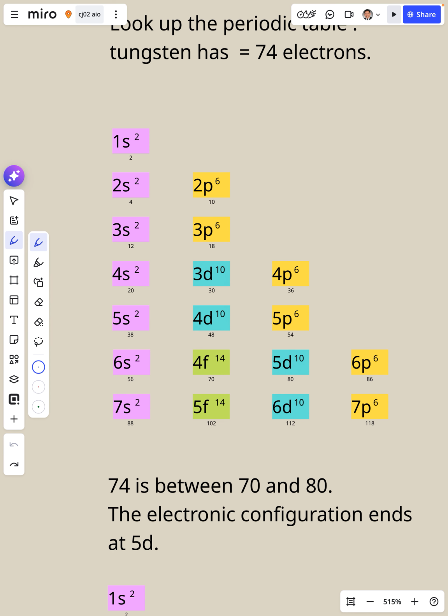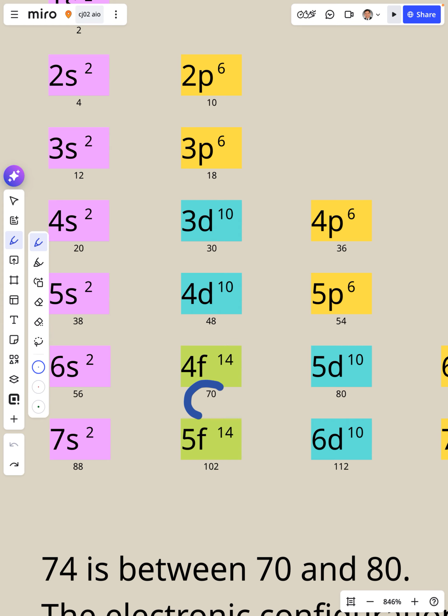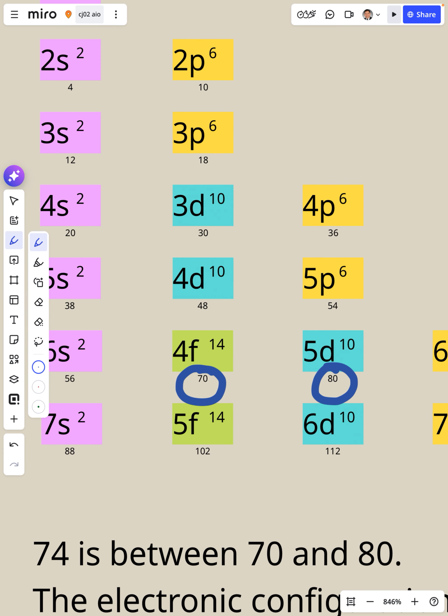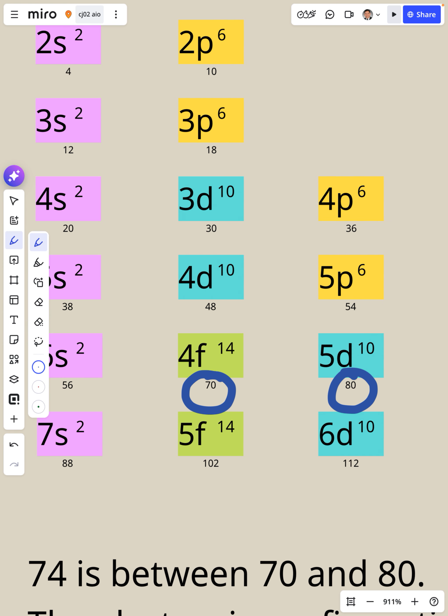74 electrons, and 74 is between 70 and 80, which is here. What is our conclusion? It simply means we are going to have a full 4f and a partially full 5d. That means it's 70 and this one will be 4 more.